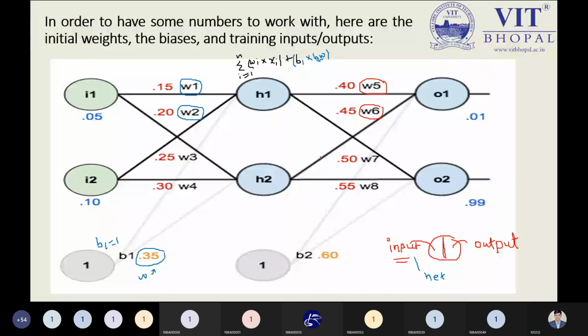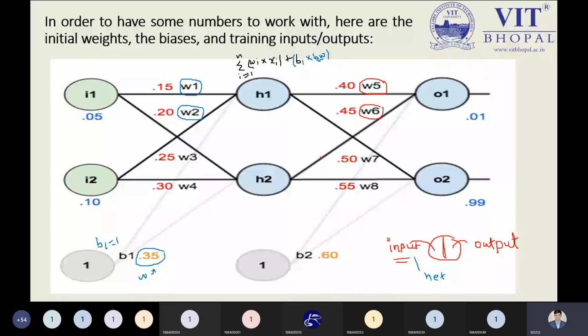Thereafter, we will update W1, W2, W3, W4. After updating all these weights, we will start the feed forward neural network again. But before that, let us understand how we can apply backward propagation. That is not an easy task.